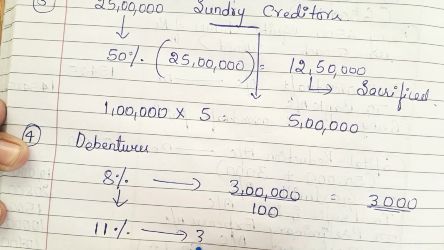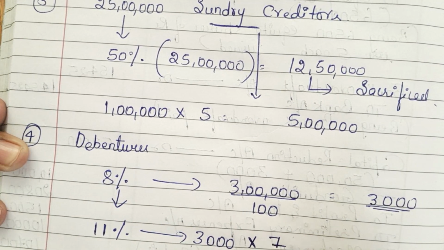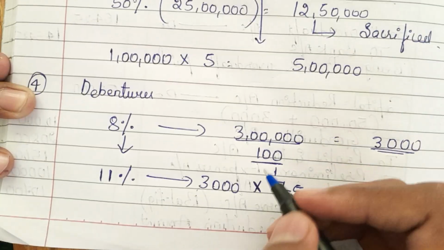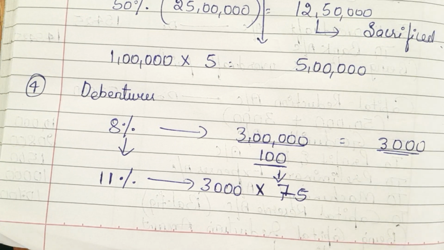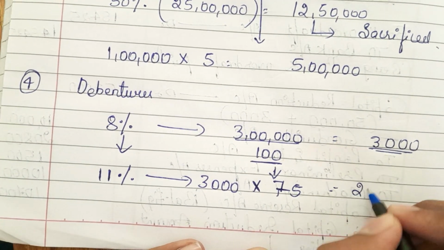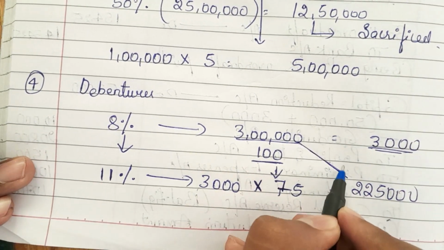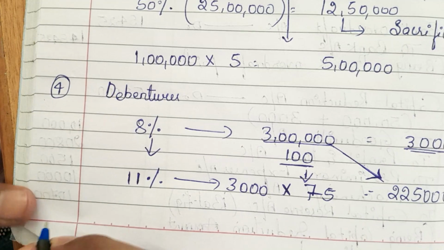So now for the same 3000 debenture holders, they have been converting 100 rupees into 75 rupees. So 3000 into 75 will be 2,25,000. So the 3 lakh value they are converting into 2,25,000. This is the fourth journal entry.